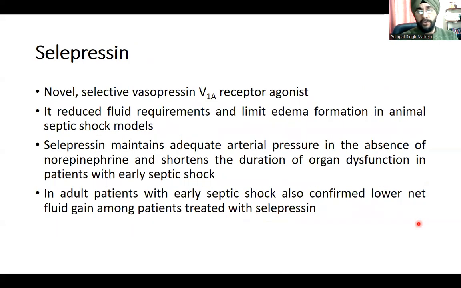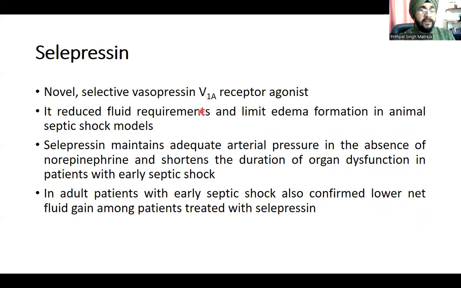Now, moving beyond what has already been there, we find this particular drug, selepressin, which is also given in few of the literature as one of the vasopressin analogs that could be given in patients with hypotensive shock who are not responding to norepinephrine.